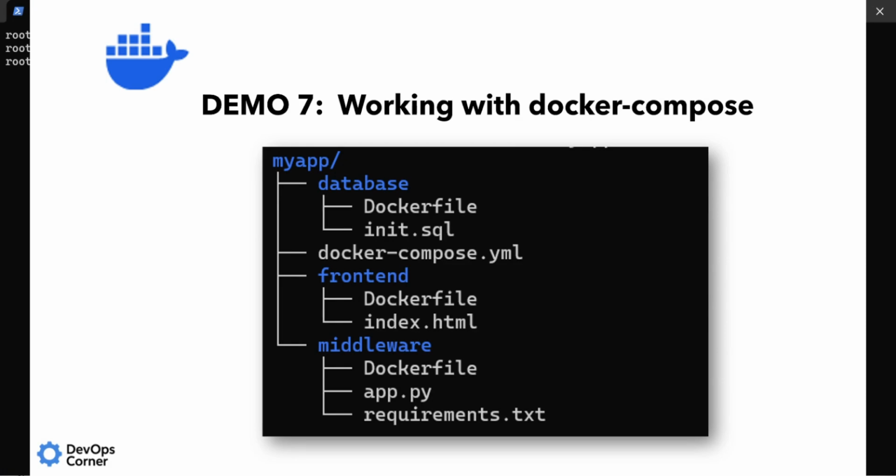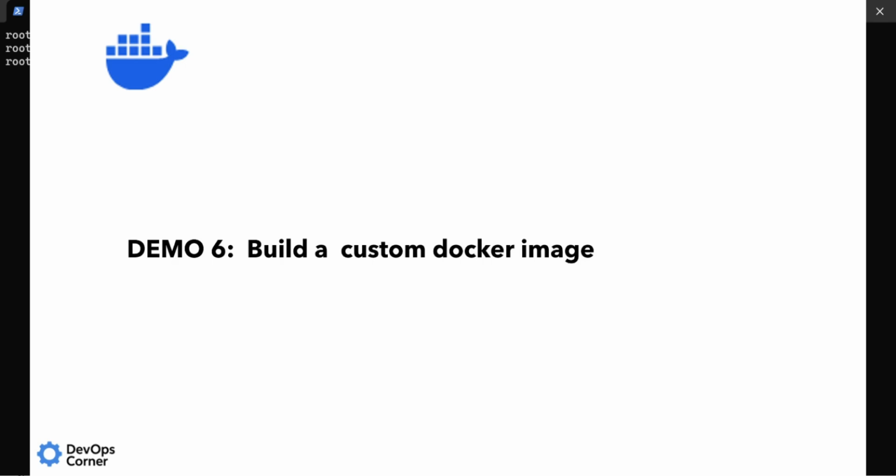So I'm now going to talk about working with Docker Compose. In our previous demo, we saw how you can build our custom Docker image. We built a simple Python Docker image, and we were able to run this container, and everything was great.